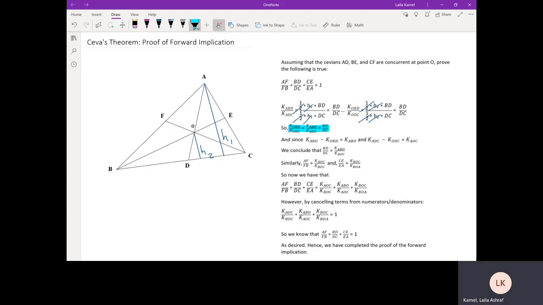So we use this ratio later on to help us prove this forward implication. We also know that if you take away from triangle ABD the triangle OBD, it leaves you with this triangle ABO.